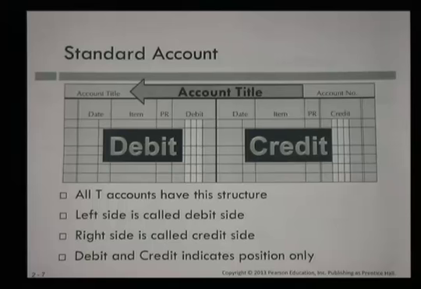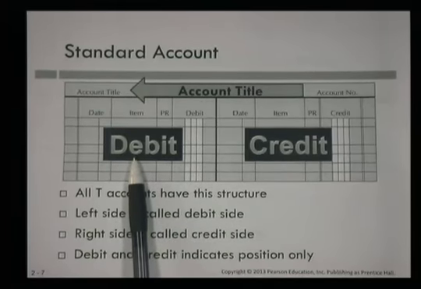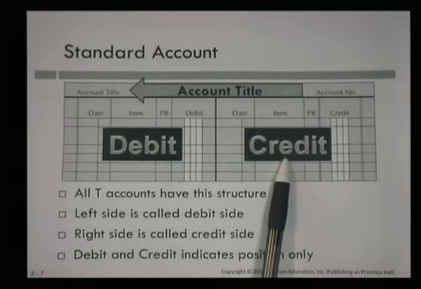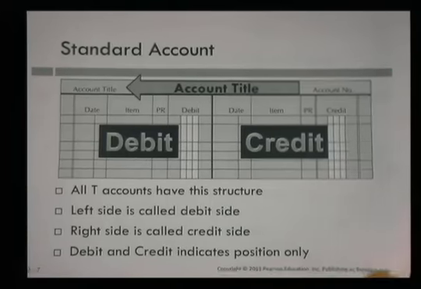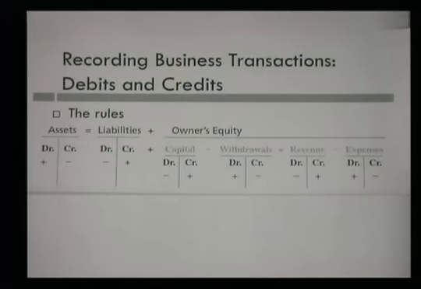In these accounts, the left side is called the debit side and the right side is the credit side. These indicate position, the location on the standard account form, and nothing more. So when we look at all the accounts, this is how they will be.